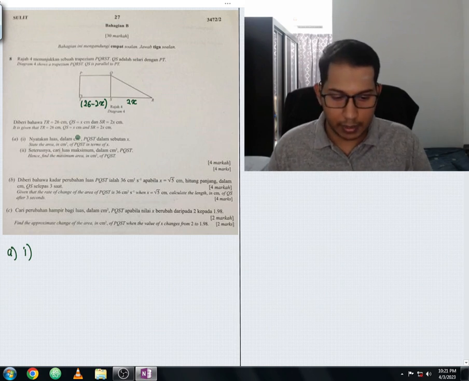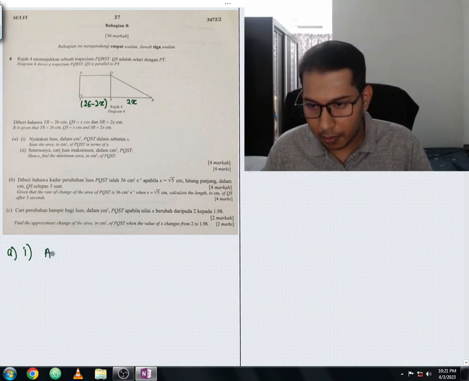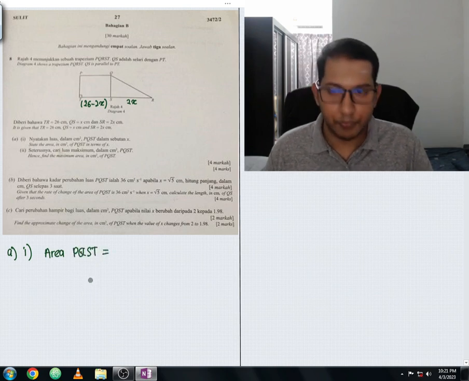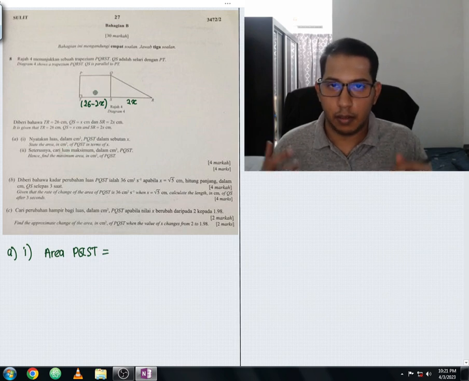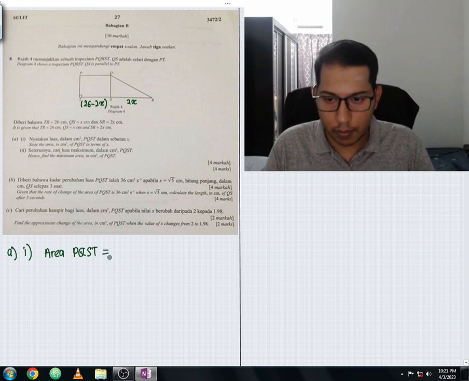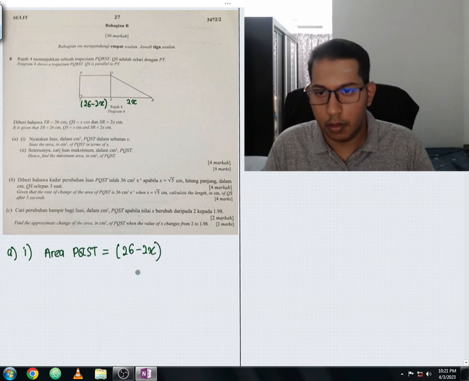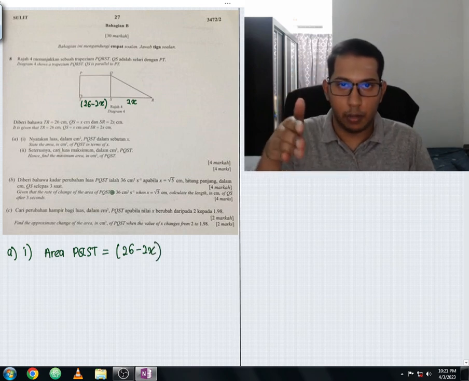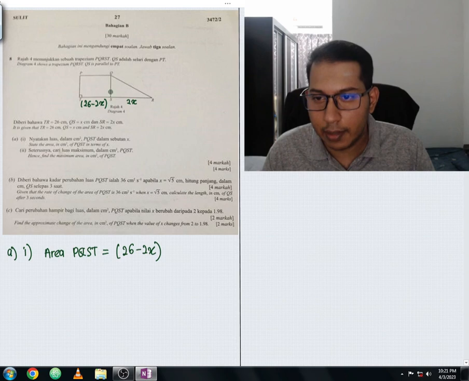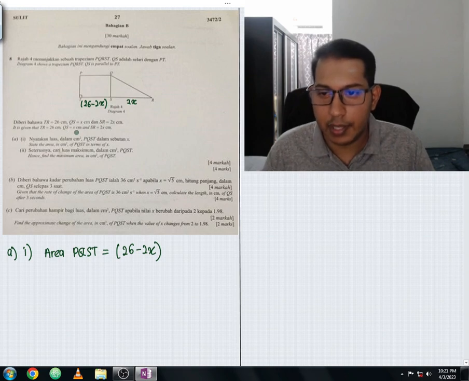Okay, so from here let us calculate the area PQST. Area PQST is equals to, the formula is the rectangle formula, which is length times width. So from here the length is 26 minus 2x, and then times the width, which is the vertical length, in this case is x centimeter.